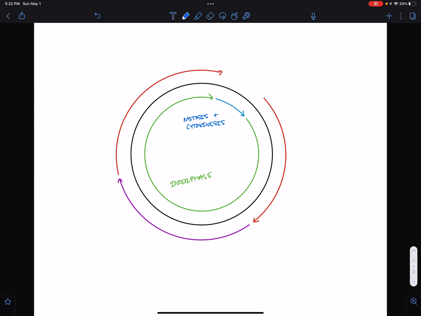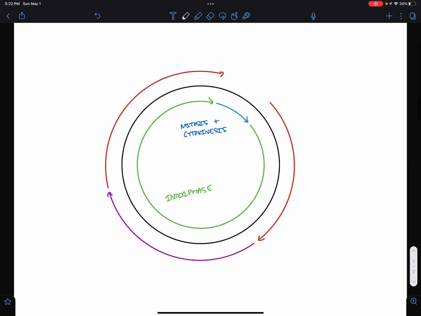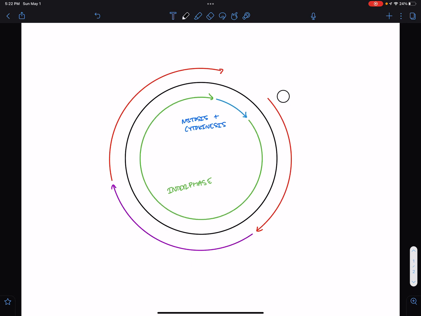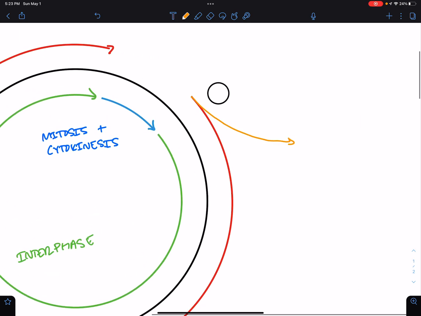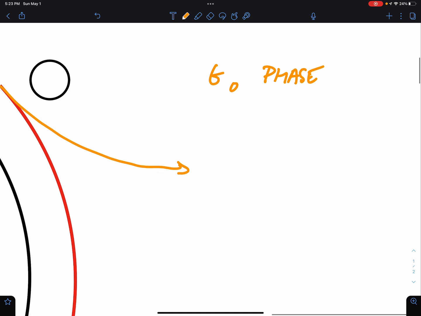So if we start out at the beginning of the cell cycle, right after a cell has split into two, we have a small cell. And it has two options. At this point, it can either enter what's called the G0 phase, or G0, where it will be no longer dividing.